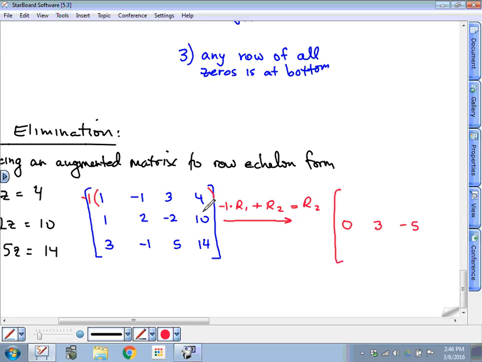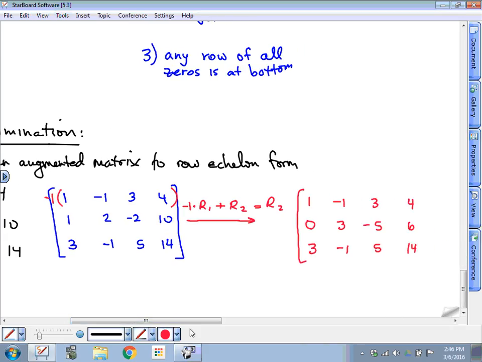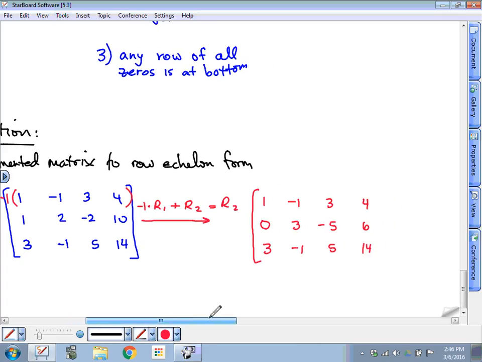Negative 4 plus 10 is 6. And only row 2 was affected, so okay. So we've taken care of that.